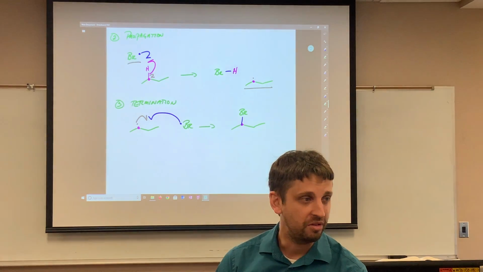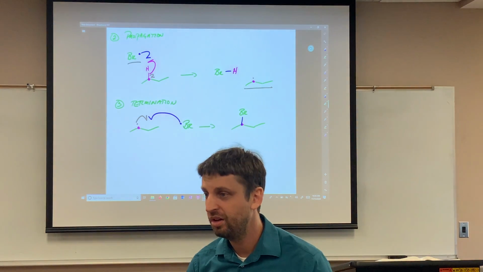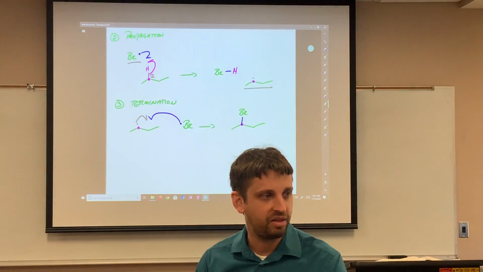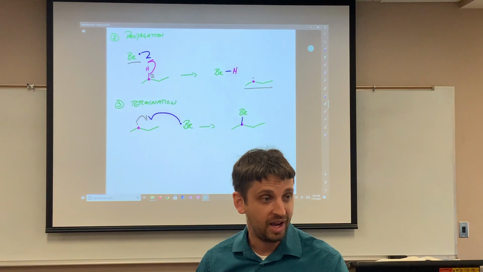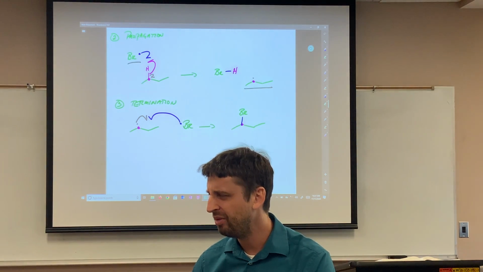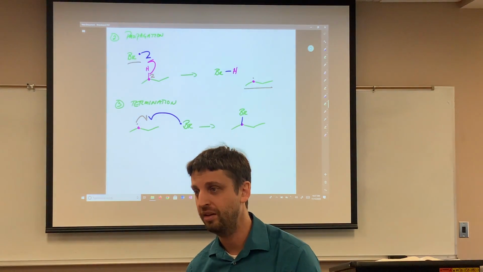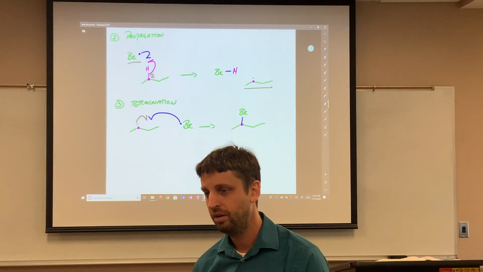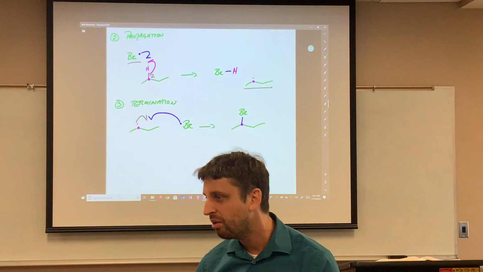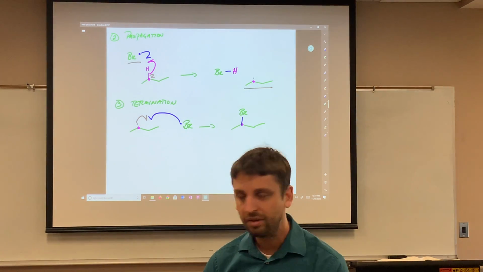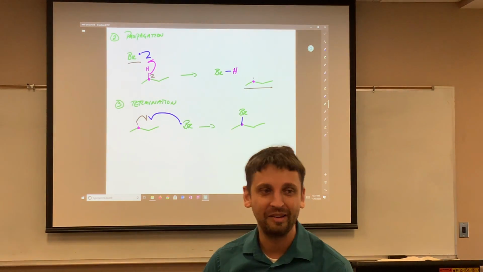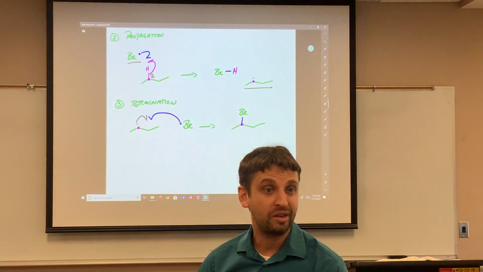Okay, so here's the good news. This is how it works. A radical mechanism always has these 3 steps. But the question that Annie asked is, how do we know that that's the hydrogen that gets abstracted? Why did I pick that one? Well, it's nice, it's in the middle, it was green, no pink, sorry. That's the question.